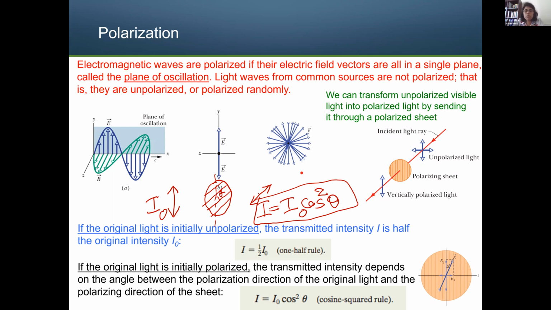What students always miss is this theta angle. Theta is the angle between your original light and the axis of the polarizer. That means the parallel lines you have; this is the axis that I have there. Then you will be able to calculate the intensity of the light passing through the polarization sheet.